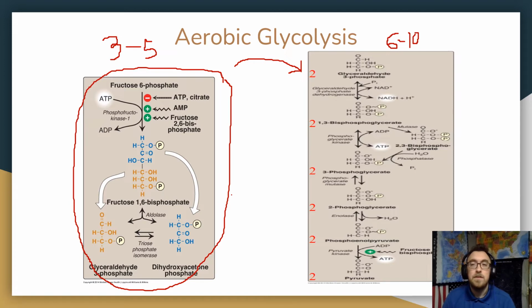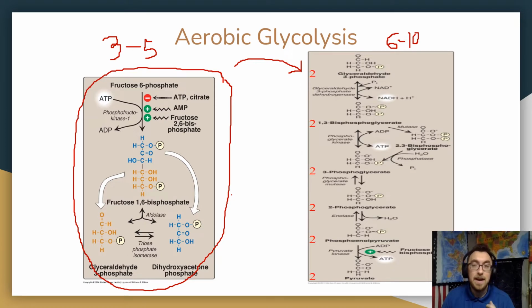Step 6 is when the substrate glyceraldehyde 3-phosphate is oxidized to a carboxylic acid by glyceraldehyde 3-phosphate dehydrogenase. This reaction reduces NAD+ to NADH and results in the product 1,3-bisphosphoglycerate, with the new phosphate group attached with a high energy bond.